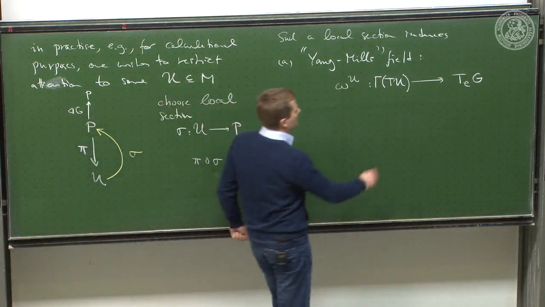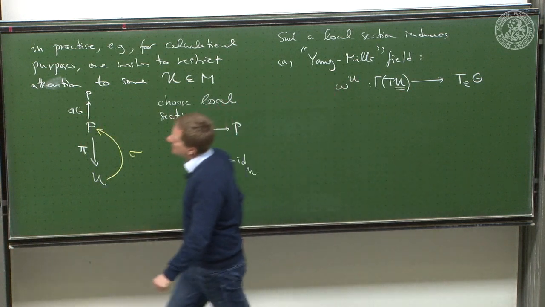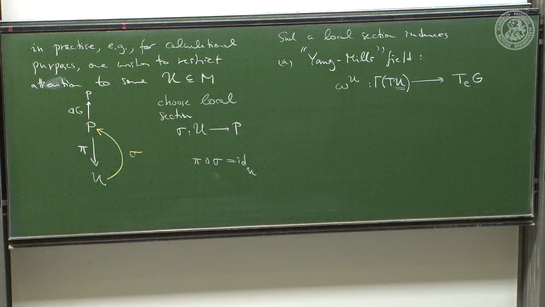And so the key thing is this is part of the base manifold, whereas here this was the principal bundle.